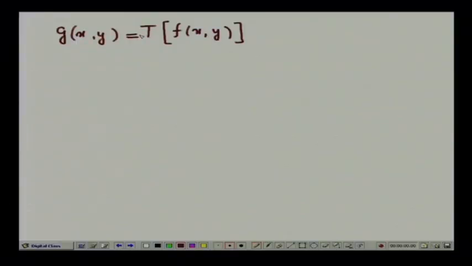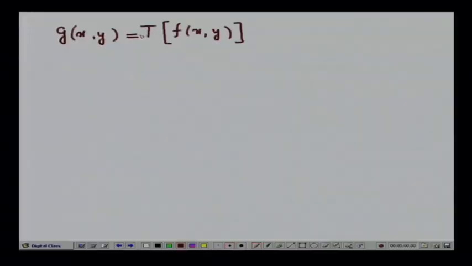But as we said earlier, T is an operator which operates on a neighborhood of the pixels at location (x, y). So, for point processing operation, the neighborhood size was 1 by 1. If we consider a neighborhood of size more than 1, we can consider a neighborhood of size say 3 by 3, 5 by 5, 7 by 7 and so on.